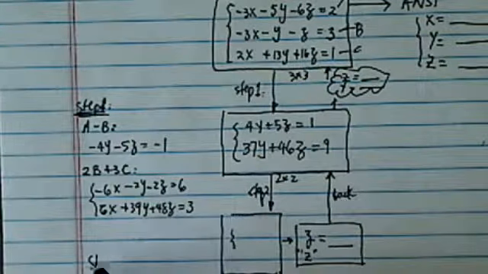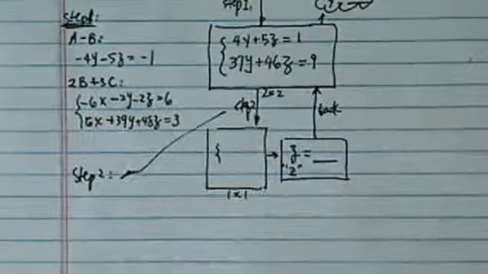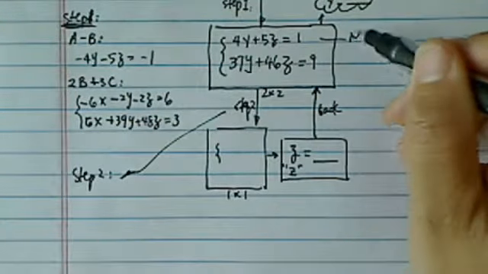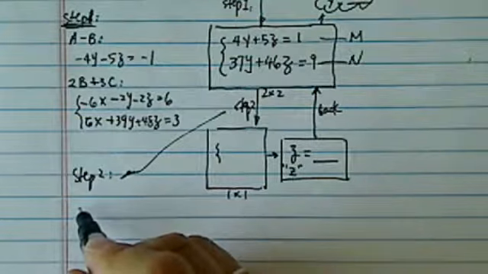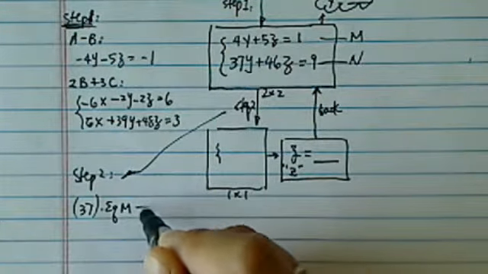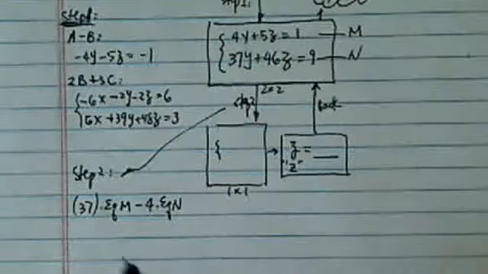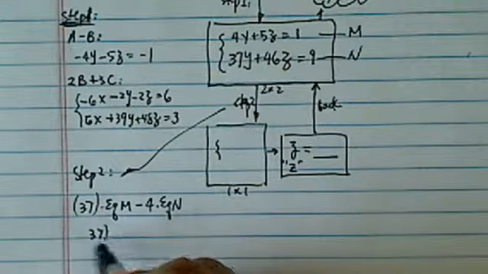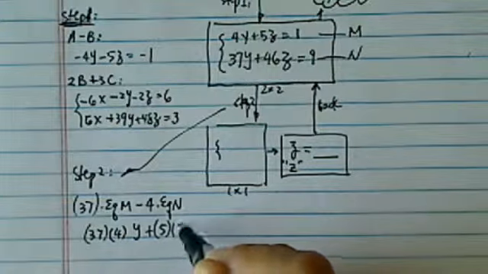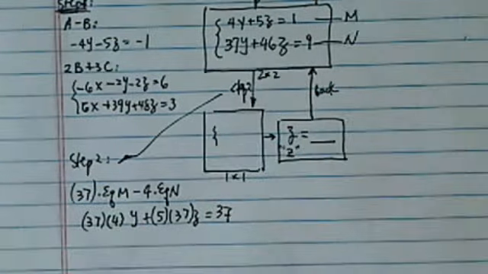On step 2 here, I'm going to reduce the 2 by 2 into 1. So basically, let's call this equation m, and this is called equation n. So I have 37 times equation m minus 4 times equation n. For this one, I have a really ugly coefficient. 37 times 4y plus 5 times 37z is equal to 37 on one side.